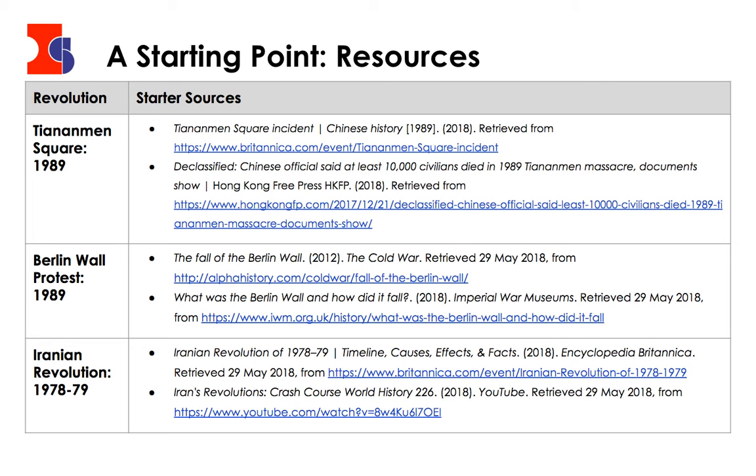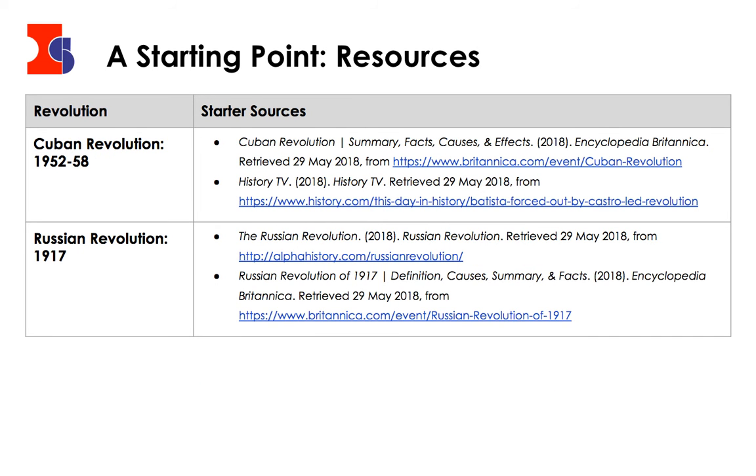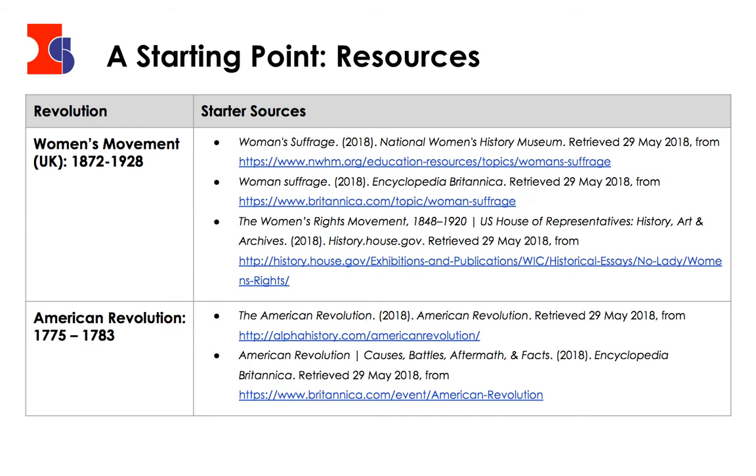I don't necessarily think you're going to know right this minute what you're going to do. You might want to read around a couple of protests first before you decide on which one you're going to do for your assessment. So as I said, each one has two good sources that you could use to find out a little bit more about these revolutions.